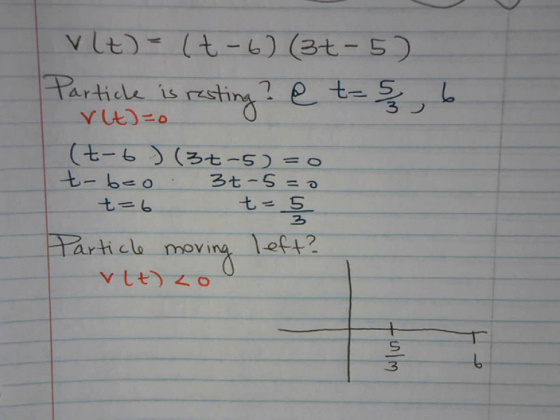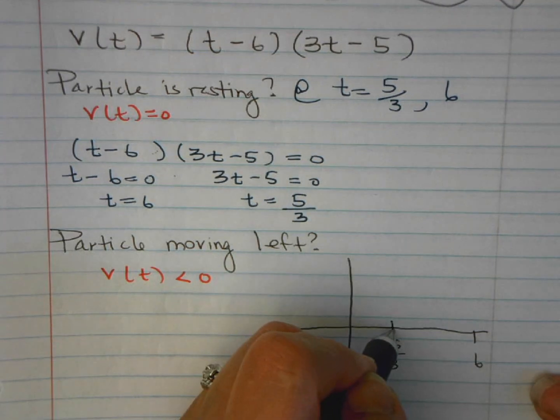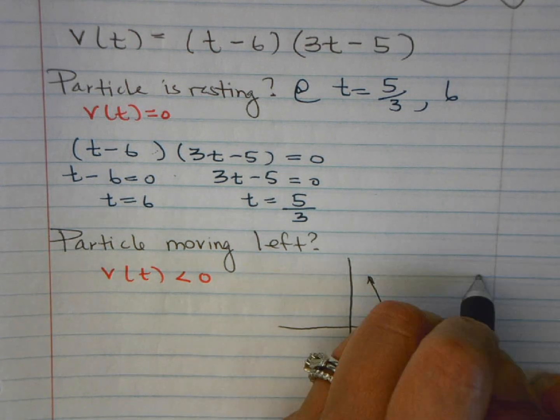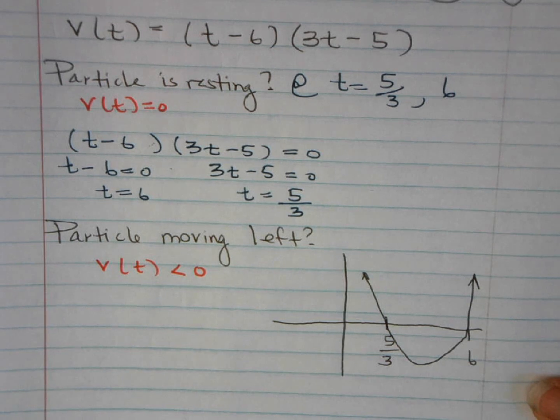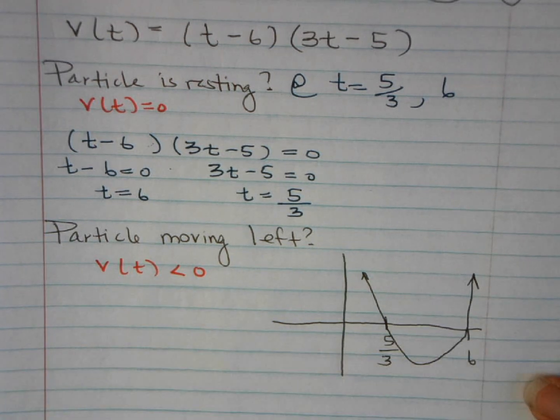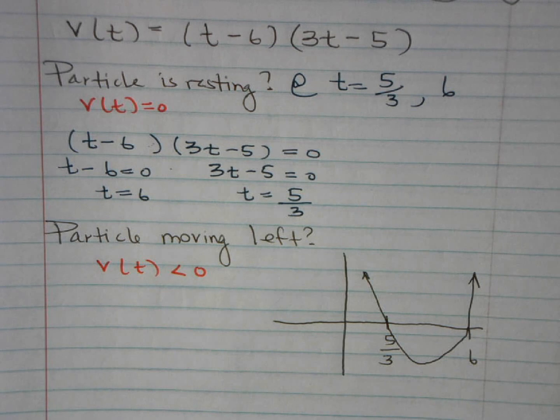That means it's positive, right, because there are no negatives here. So positive and quadratic means it's got to go up on the left, up on the right, and then dip down right there. So that would be the graph of my quadratic. I don't care how low it goes. That's a terrible parabola, by the way. I hate that this is being recorded. So anyway, that is my parabola.